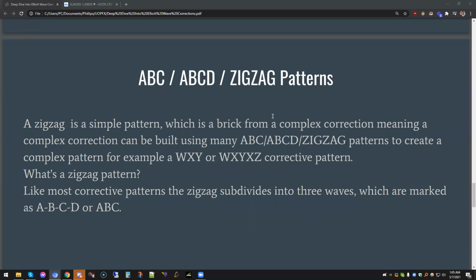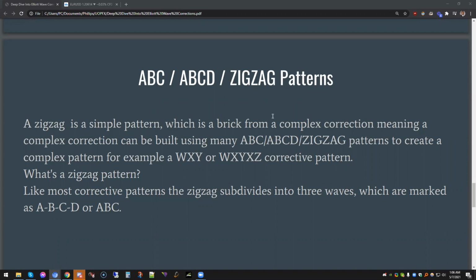What this means is a complex correction can be built using many ABC or AB equals CD patterns, and they're also referenced as zigzag patterns. Many of these patterns can be put together to create a complex corrective formation. For example, we have the WXY, or we could have the WXYXZ, which is very complex. And that pattern can keep going on and on.